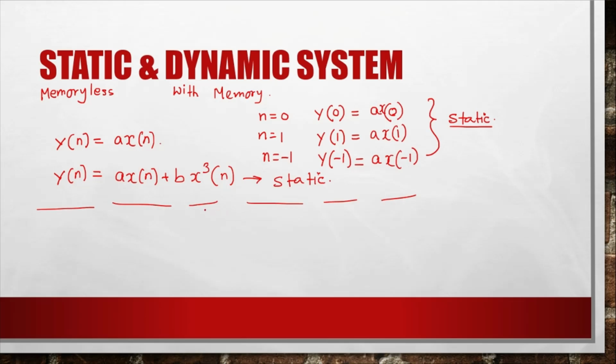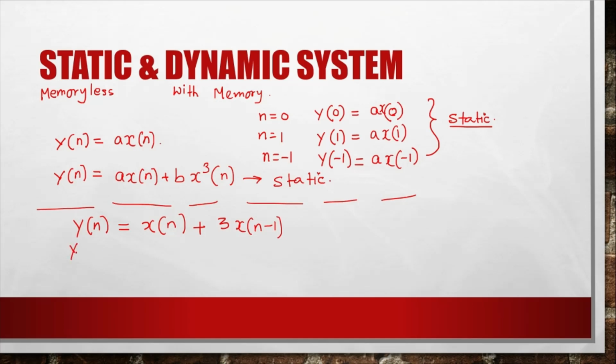Okay, so suppose the example is y[n] = x[n] + 3x[n-1]. So what is happening here? Here we are getting that it is dependent on that value and the previous value.